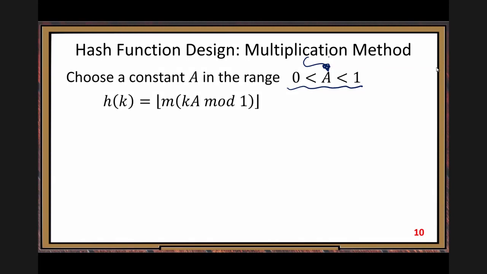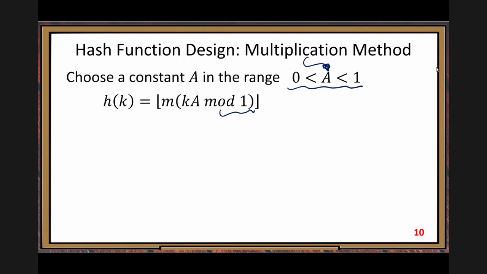K times A, K is an integer, A is not an integer. After this multiplication, you have some integer part, but you also have some fractional part. The integer part, after you mod 1, is gone. You throw away the integer part in the multiplication K times A, and you only keep the fractional part.